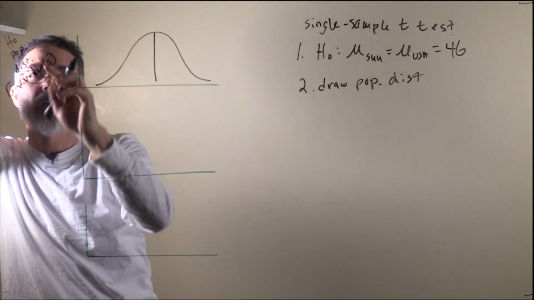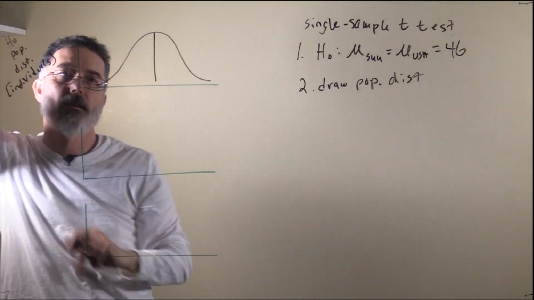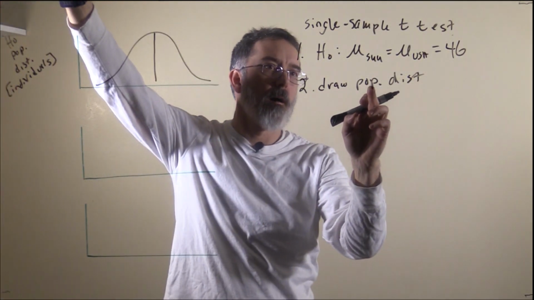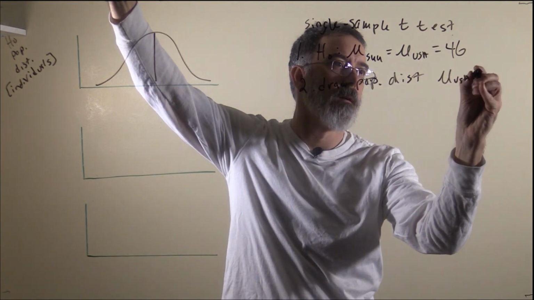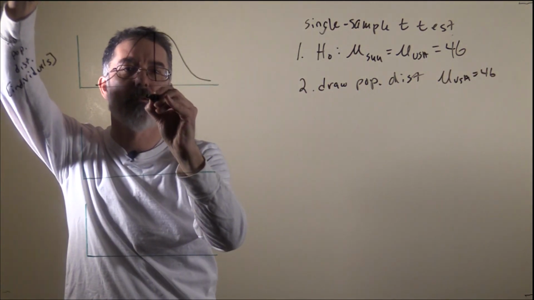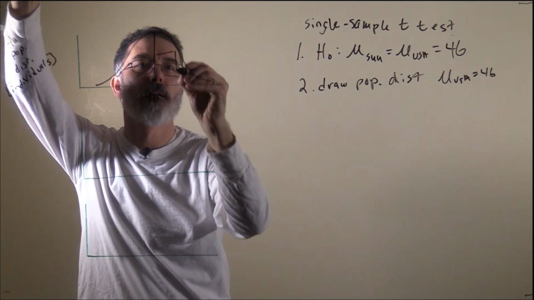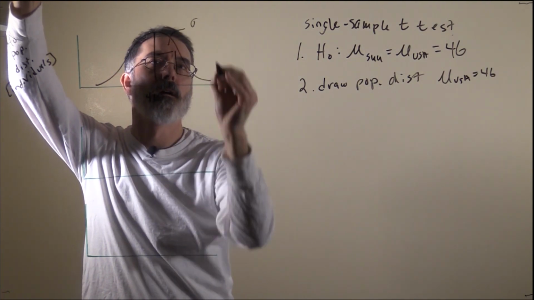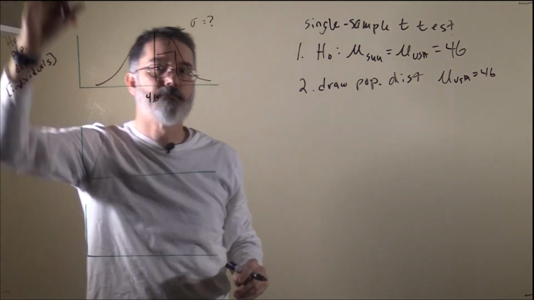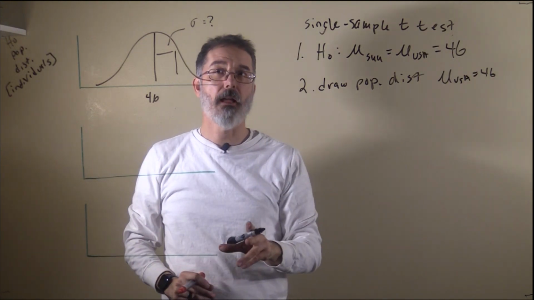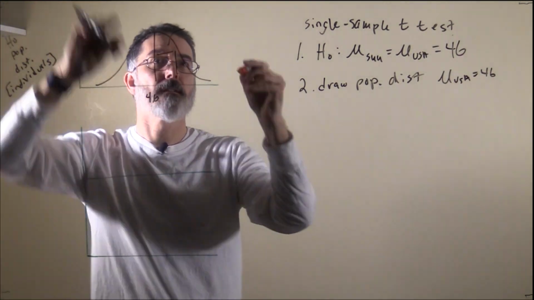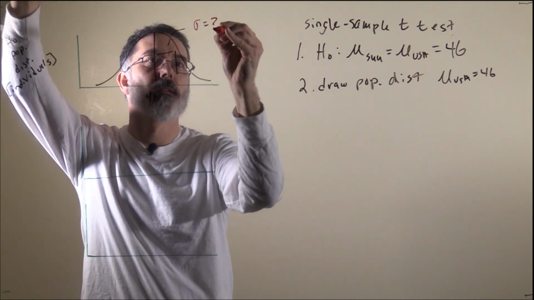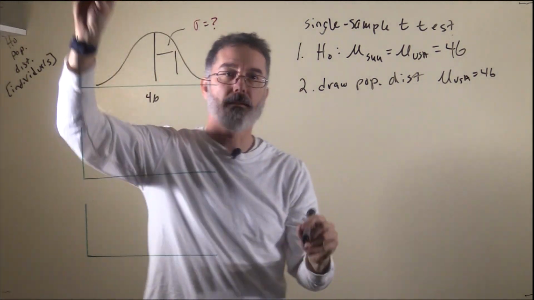Remember, this is the population where we're getting our sample if the null hypothesis is true. And so for this, we know its mean is going to be 46, but we don't know the population standard deviation. So we're going to come back to that in just a second. So this would be something I could put in red. This is different.